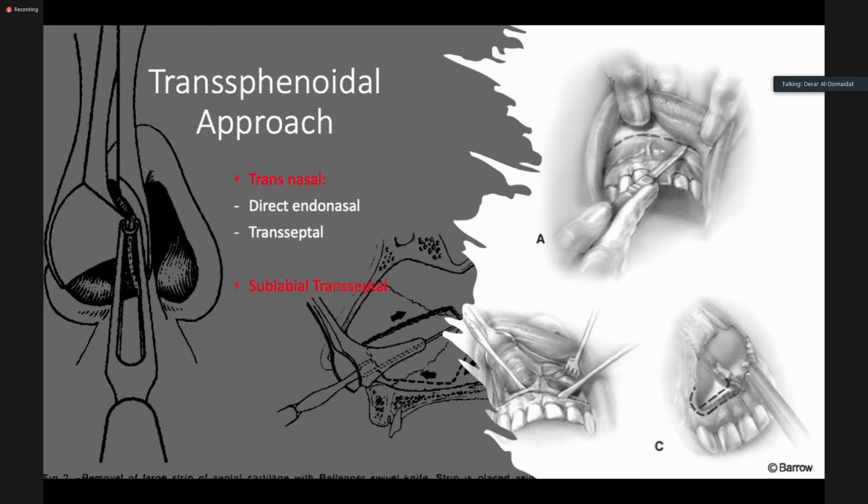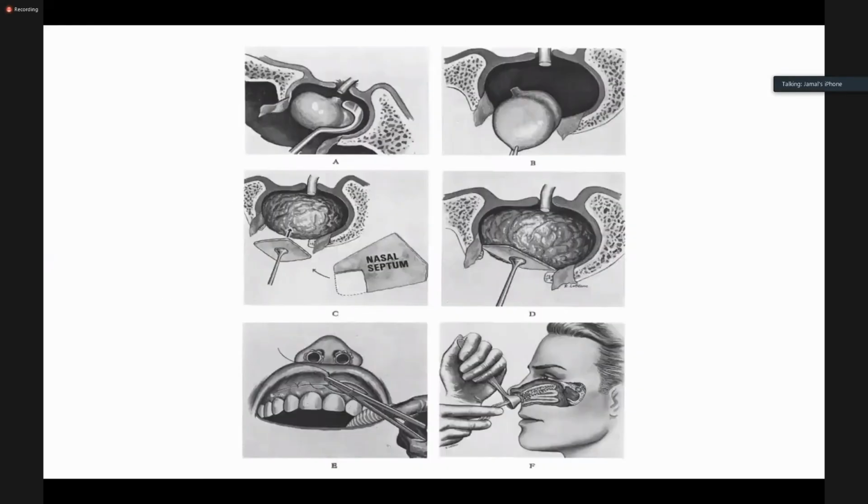After the surgery, do you fill the sphenoid sinus with fat? Yeah, especially if I have a CSF leak or the defect is large.